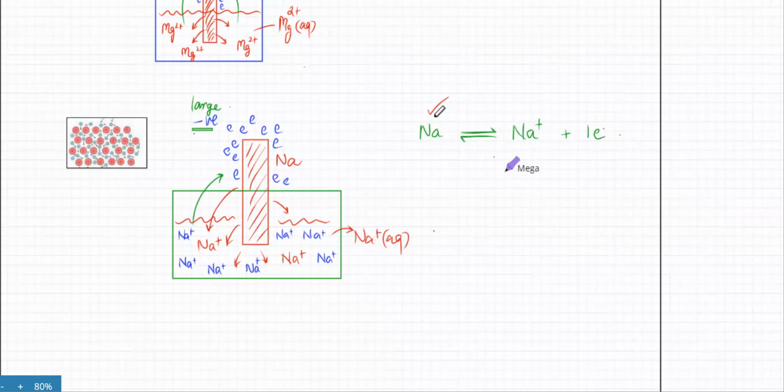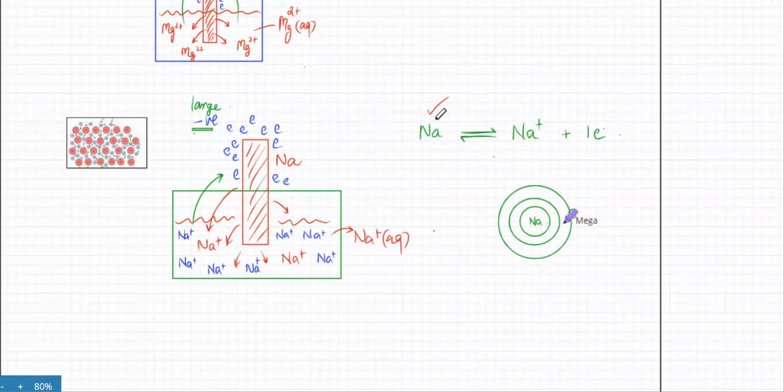Sodium initially would try to lose electrons. And why would sodium try to lose electrons? Because the outermost electron of sodium is really far away, so it's not really attracting that outer electron that much. So there's a very high chance of that electron getting lost on its own.